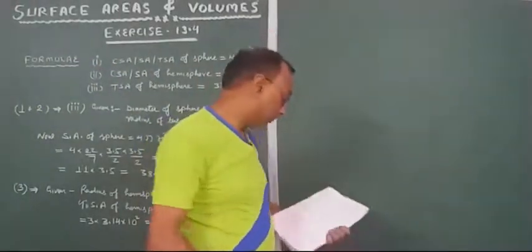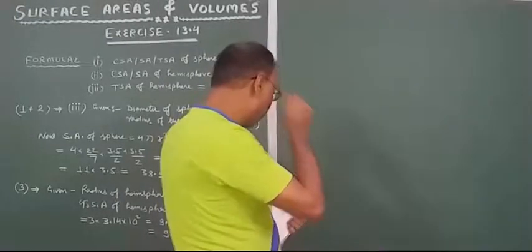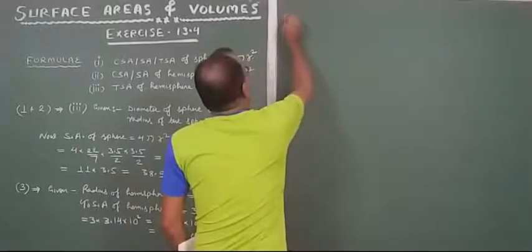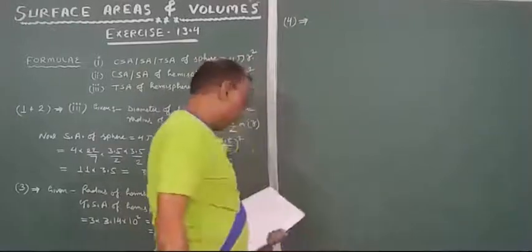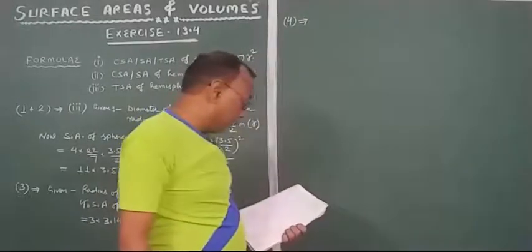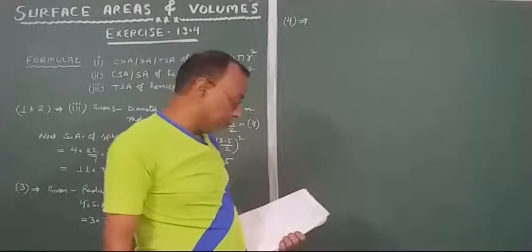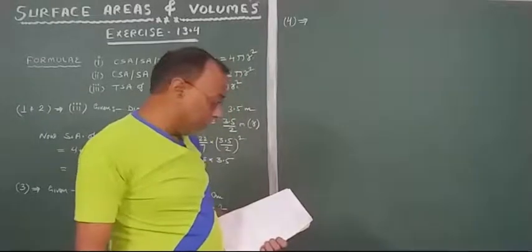Now this is question number 4. The radius of a spherical balloon increases from 7 centimeter to 14 centimeter as air is being pumped into it.